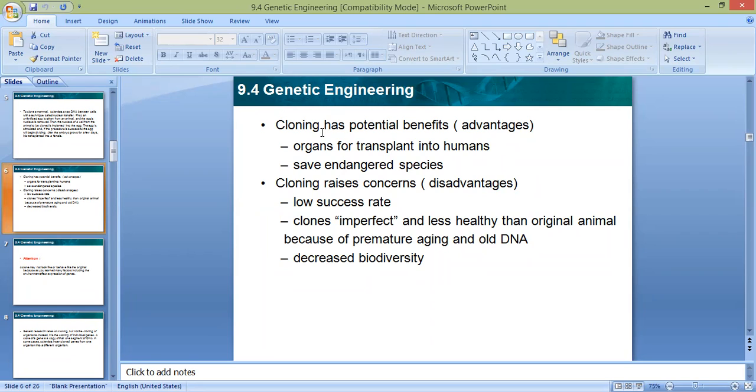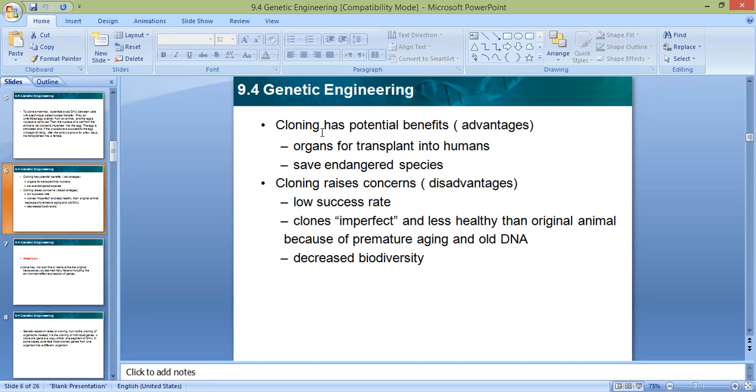But cloning, on the other hand, has disadvantages like low success rate, and it is imperfect and less healthy than the original animal because there is premature aging and old DNA. You are taking the DNA of an old animal to be cloned, so the generated animal, a new animal, will have premature aging and old DNA.